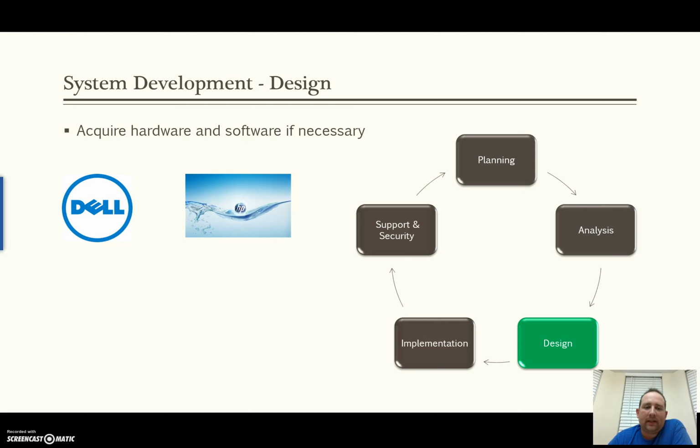Some of the leading hardware manufacturers out there, among the top 5, 10 in the world, are Dell and HP. I'm sure that most of you are very familiar with both of those names. And then software, among the top 5 to 10 again, is Adobe and Microsoft. Now Microsoft also manufactures hardware, but they are, again, among the leading software companies in the world as well.